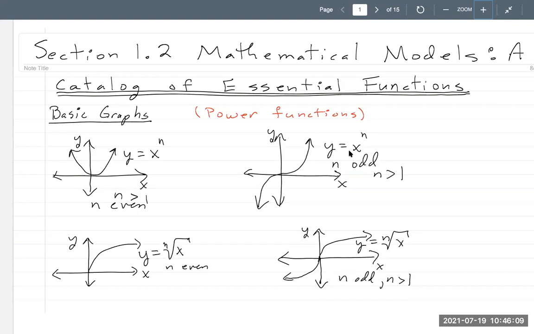The graph of y equaling, let's say, x to the fifth will have the same sort of general shape. But again, it'll be more box or square-like. The graph of y equal x to the 51 will be even more box-like.